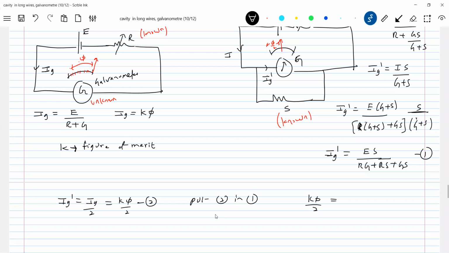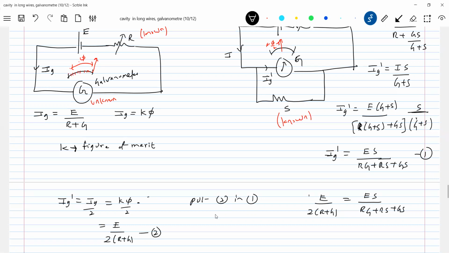Or directly you do one thing; later on I'll bring it. This is nothing but equal to, or also we can write E by 2 into R plus G. Put like this, 2 in 1. So solving this, I'll get the expression for G. E will get cancelled.